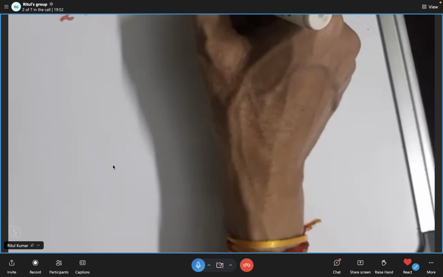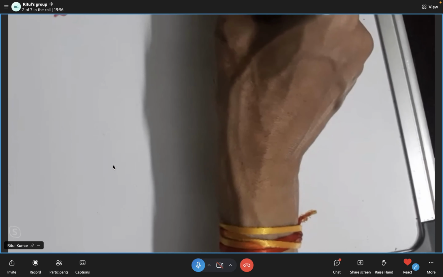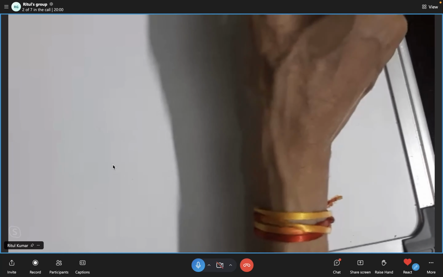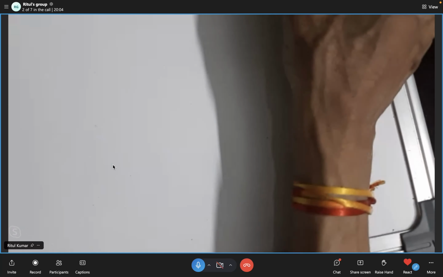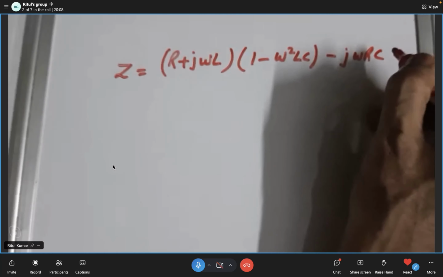It's not required, but then how will you be able to find the differential on phase? I'm just writing it down for you. This is the factor and minus of, let's say, J omega RC, just the conjugate.